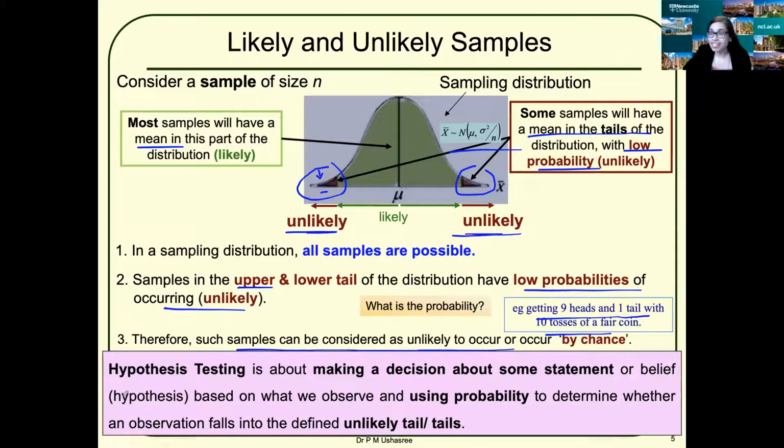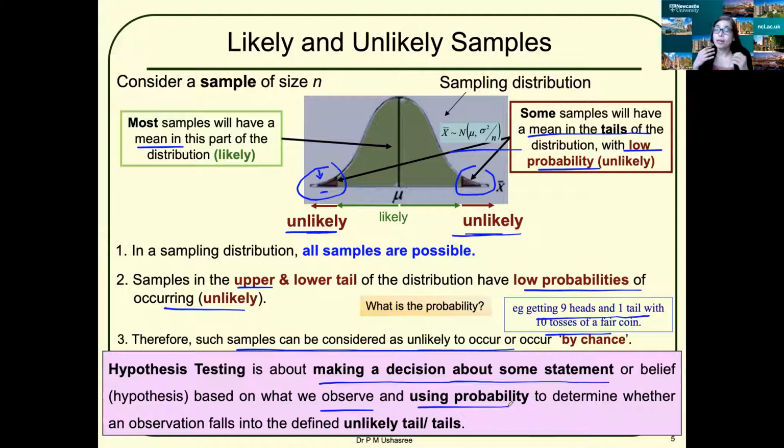Therefore, we can state what hypothesis testing is. Hypothesis testing is about making a decision about some statement or belief based on what we observe and using statistical evidence. You know how to give statistical evidence by determining the probability.